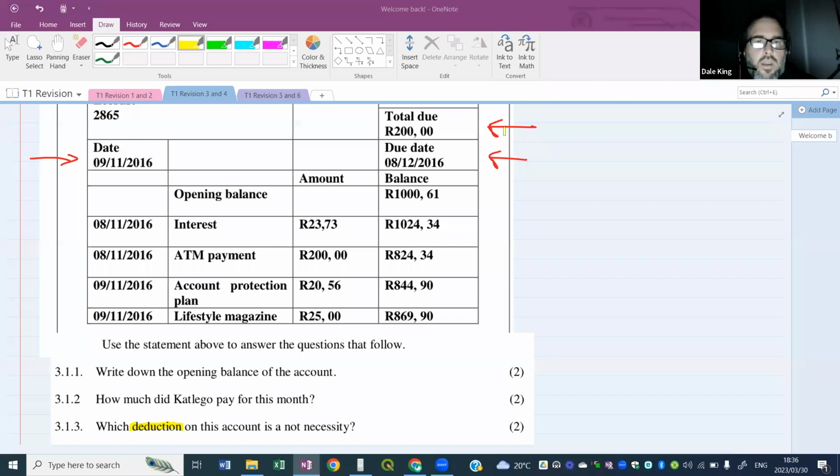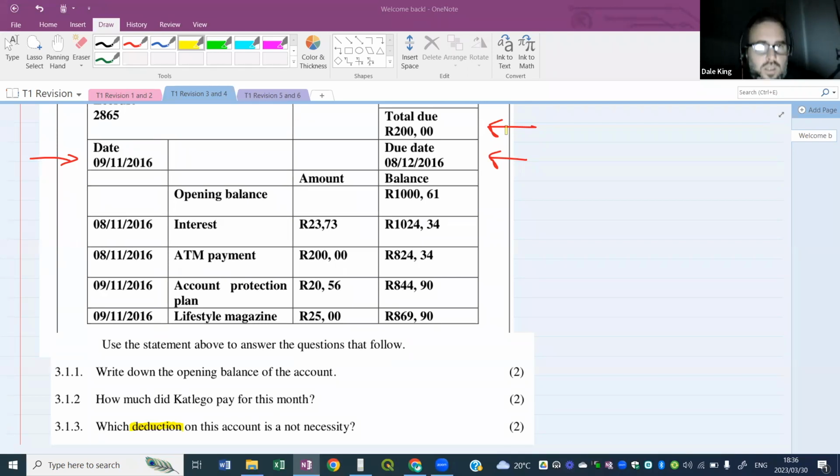So a deduction, you've got to be careful here. So yes, it is minus, all right? So yes, you guys are right. It is money going out from you. Okay, so it's money that's leaving you, coming out of your wallet. All right. In the statement, though, it's increasing the value, because it's increasing what you owe.